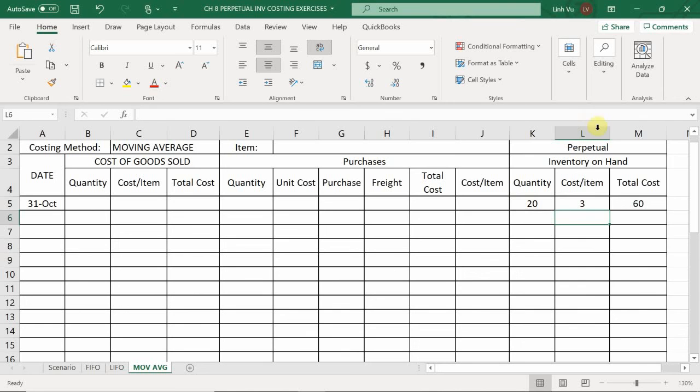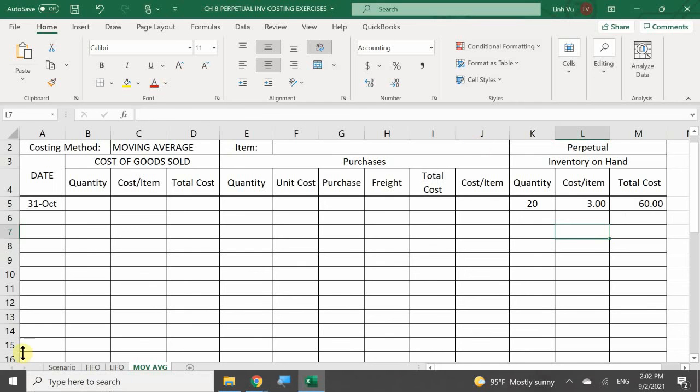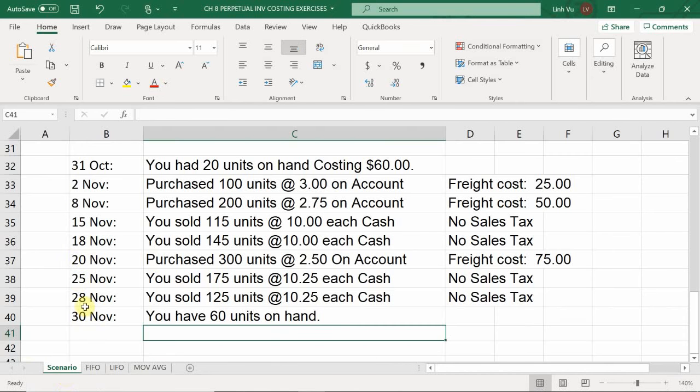So I'm switching it over. There we go. We have our first 20 items.